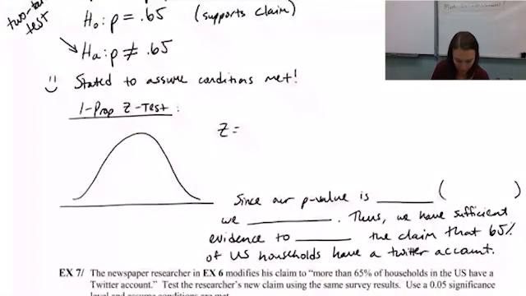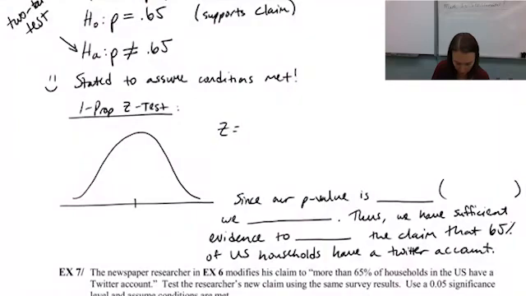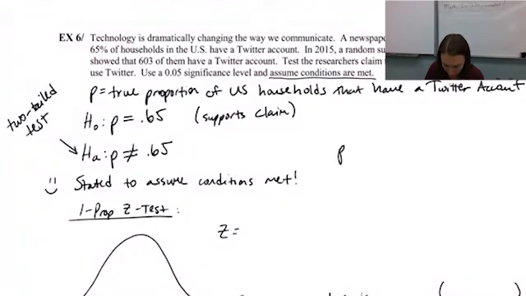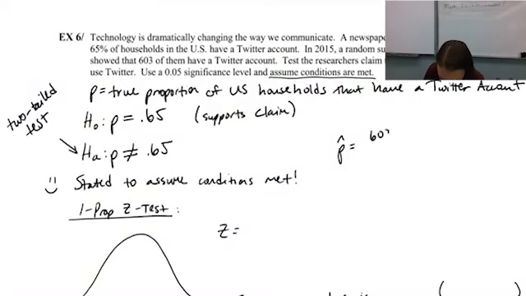So I have 0.65 here in the middle, and then I need to find my p-hat, which it says here: 603 out of 880 households have a Twitter account.